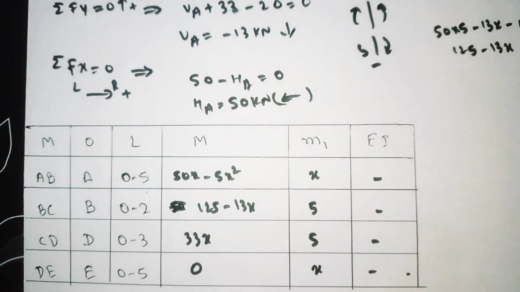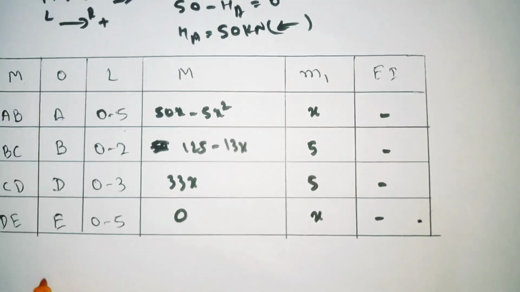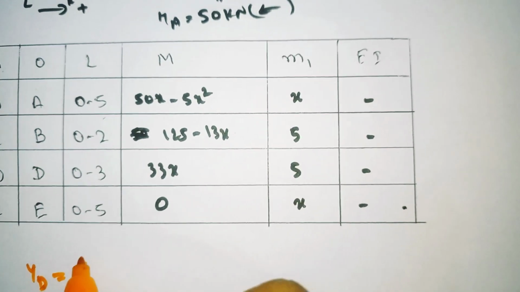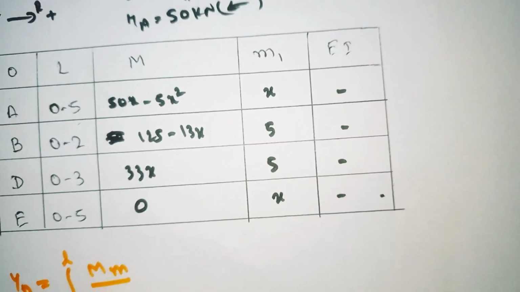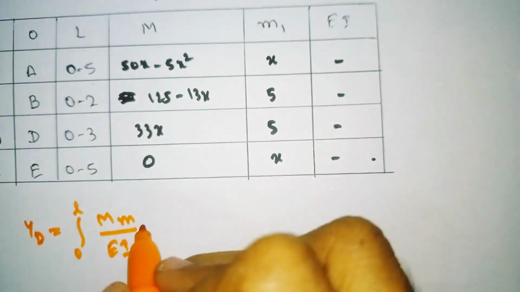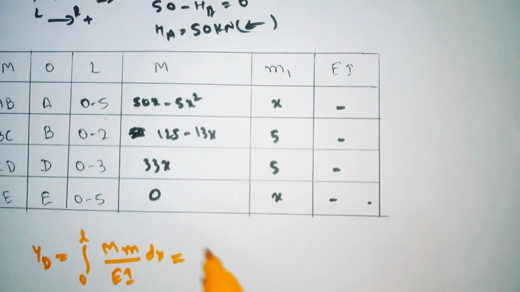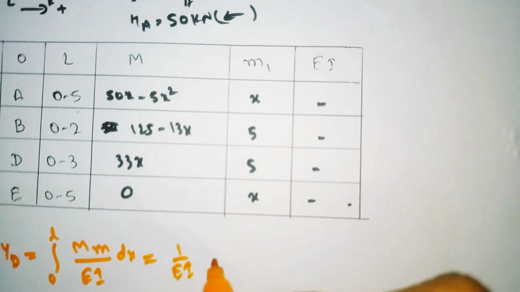Now next, we need to find the deflection. We have the formula for YD. To find the deflection, we have the formula: integration of 0 to L of capital M into small m divided by EI into dx. Now we need to put in all the values. I am taking 1 divided by EI outside and will put it in later.